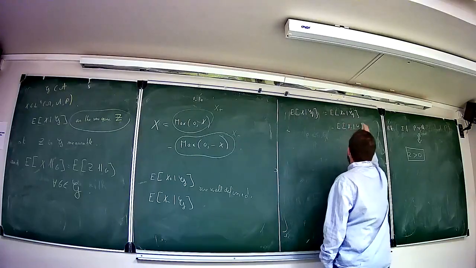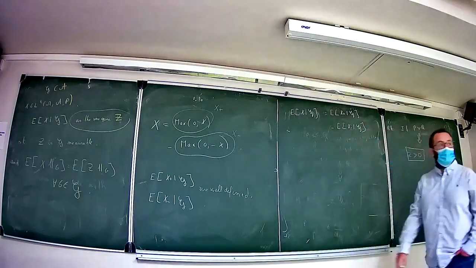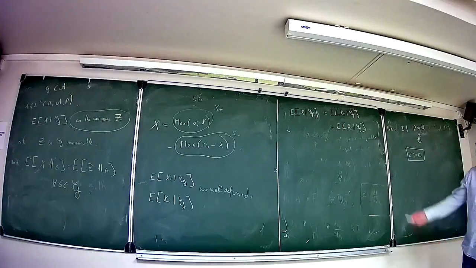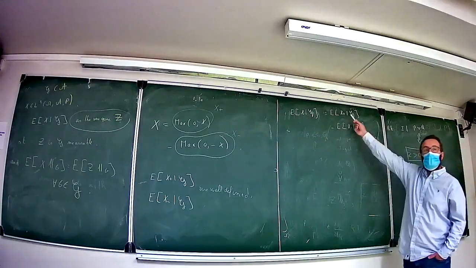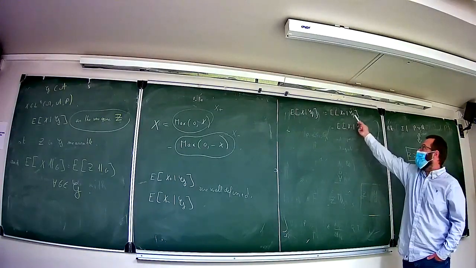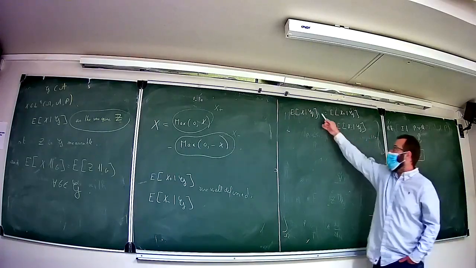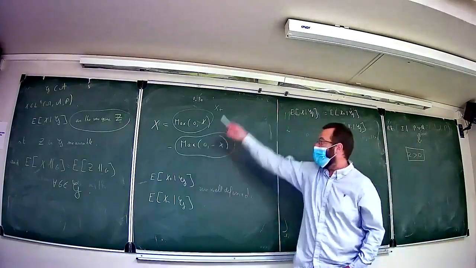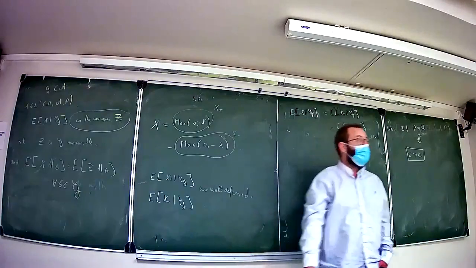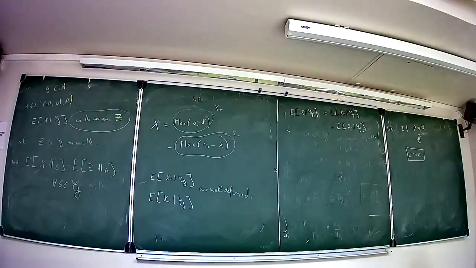I don't have a choice. I have this, and it's easy to check that if you have the good property for the conditional expectation of x plus given J, and the good property for the conditional expectation of x minus given J, this one fulfills exactly what you want, because of the fact that x is equal to x plus minus x minus.